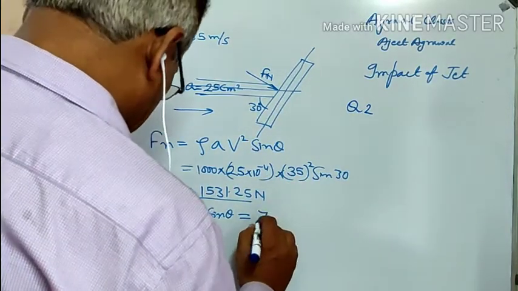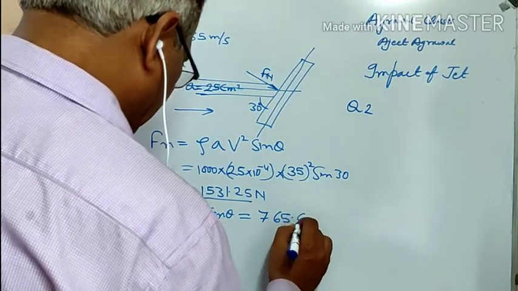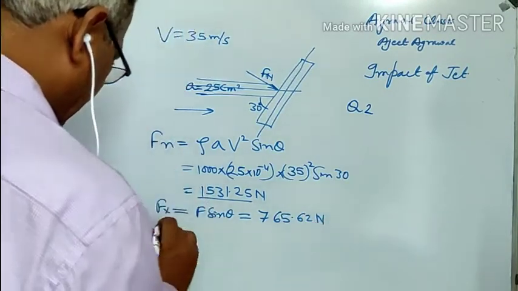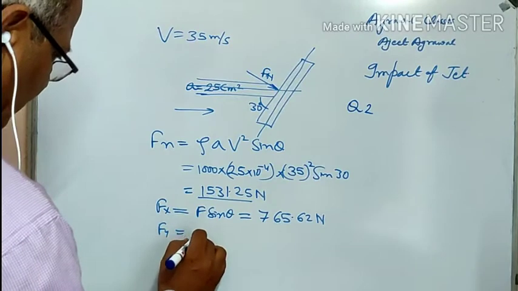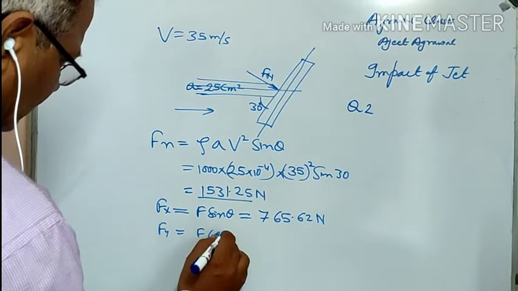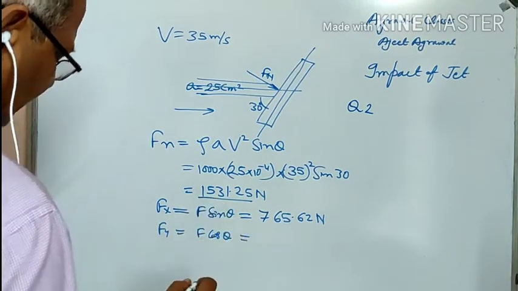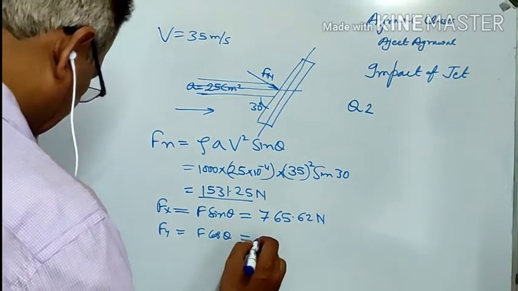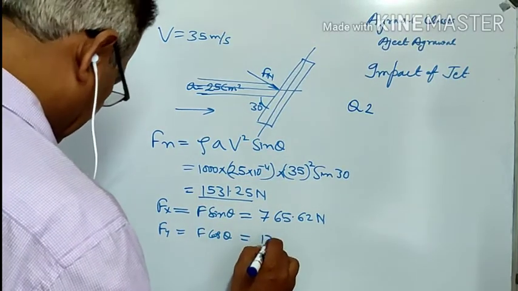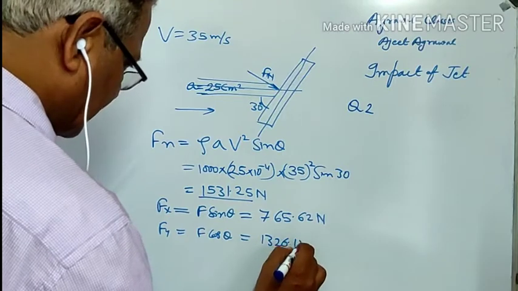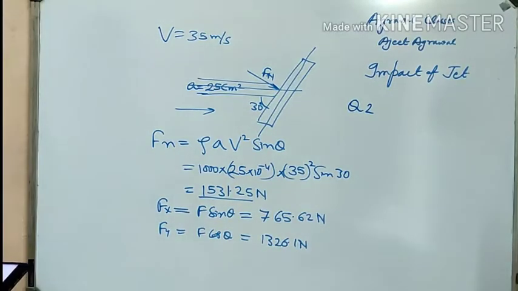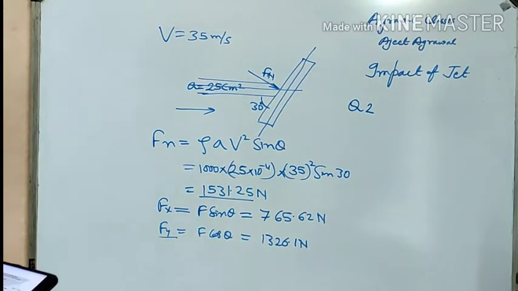The result comes out to be 765.62 Newton, and Fy is equal to F cos theta, which is the normal component. The result comes out to be 1326.1 Newton. That is the component of the force in the direction normal to the jet.